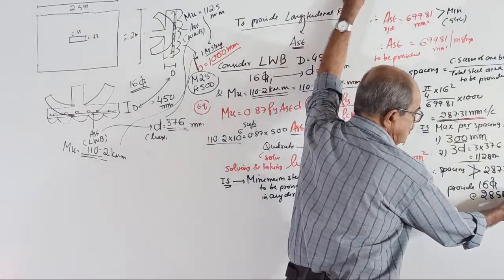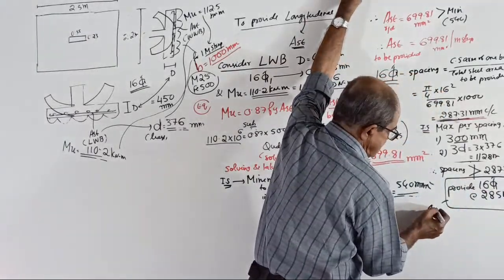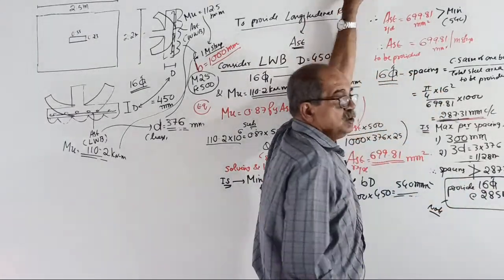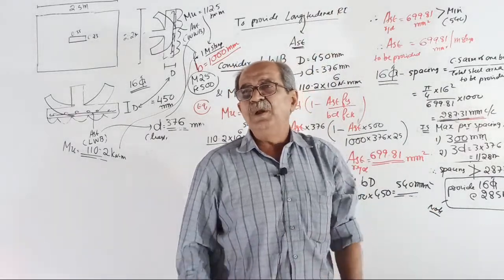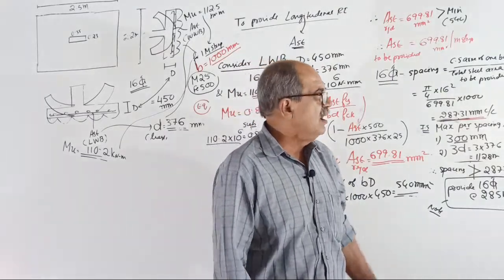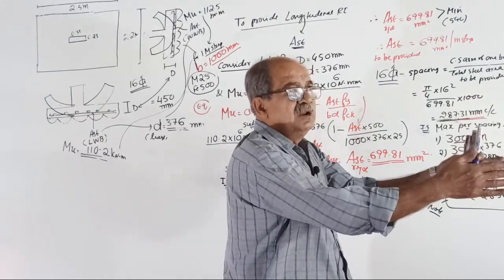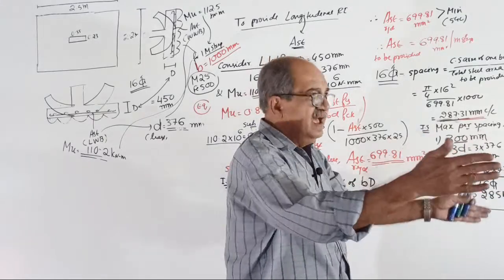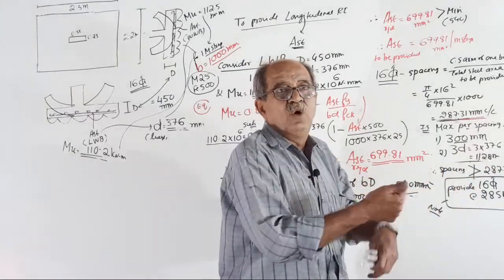Now, one minute, I write a note here. Note: 285 center to center if you provide, practically the building owner will start shouting. He will tell, sir, this much. Then, sir, in Kannada, give closer, sir. Hindi, sir, nazdeek daal do.